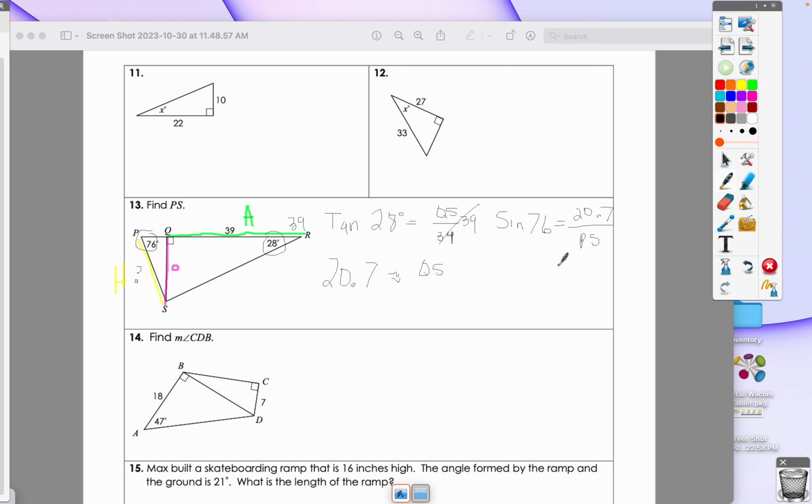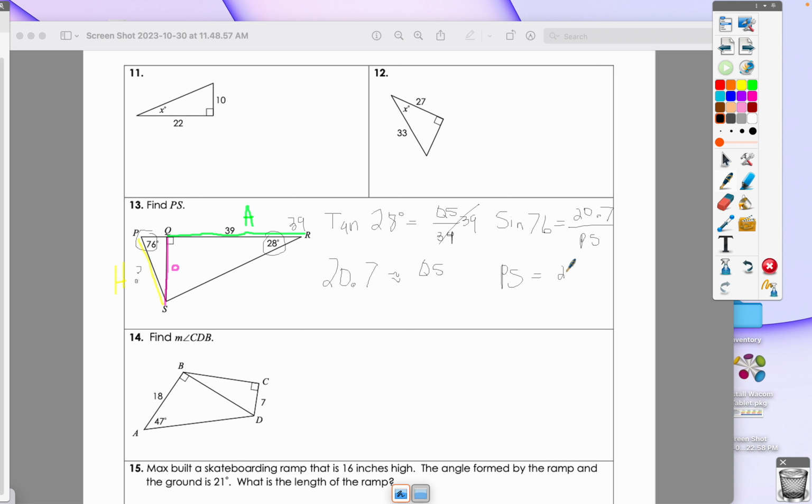All right, so if you're a brand new teacher, students have issues with PS being on the bottom, or an X of any type being on the bottom. They try to take the 20.7 and just divide by 76, and no. You switch their places. The sine of 76 is one thing, everybody. They can't detach from each other. They go together. So you're going to switch their places.